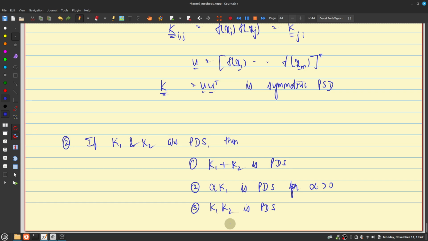This basically says that if I'm given two PDS kernels, then the sum of these two kernels is also PDS, the product is also PDS, and scaling any kernel by a positive value also gives me a PDS kernel.